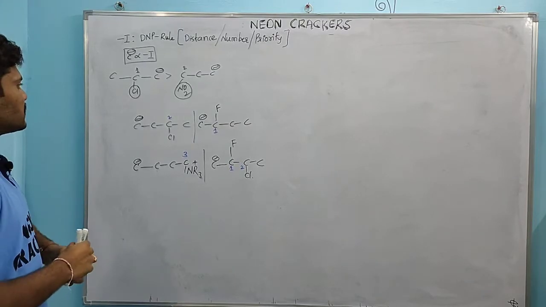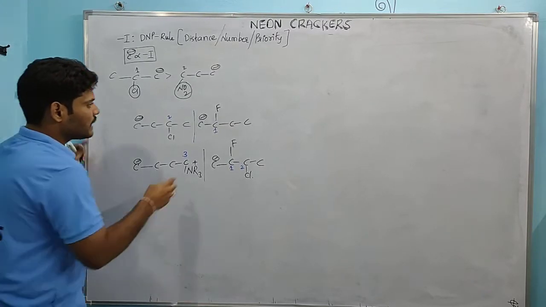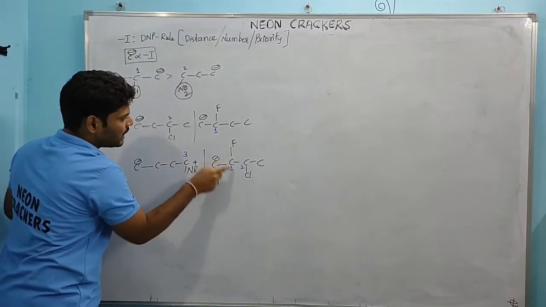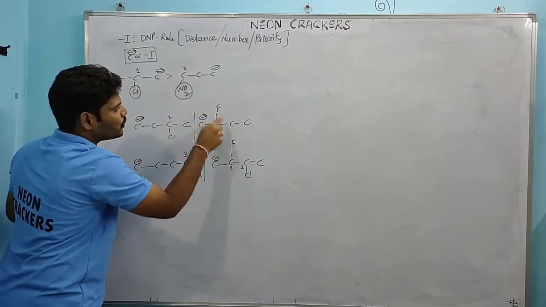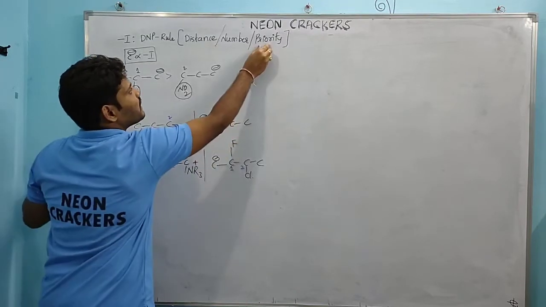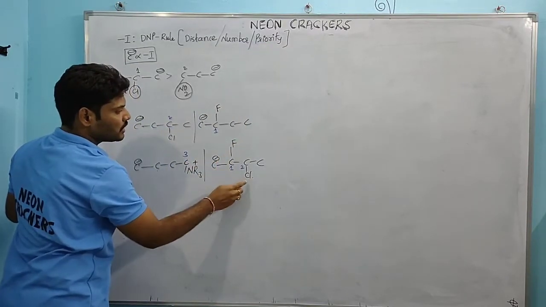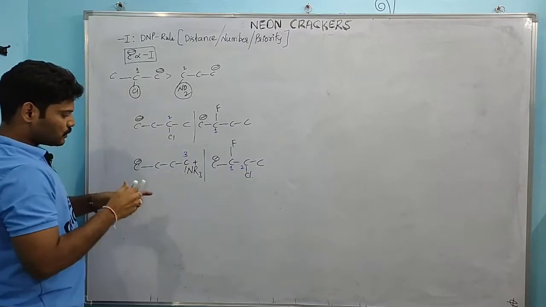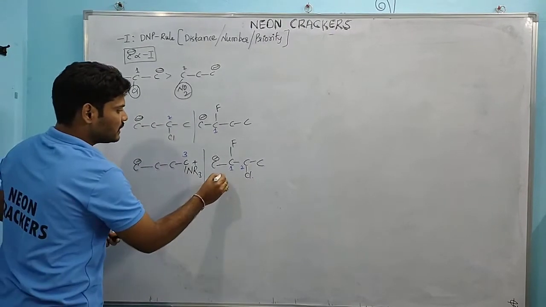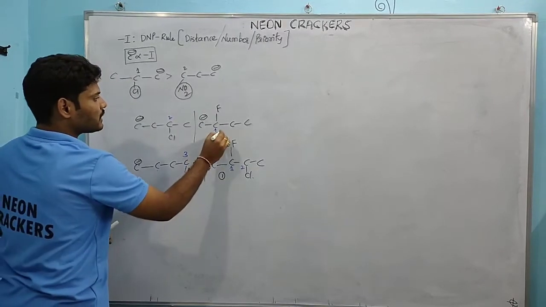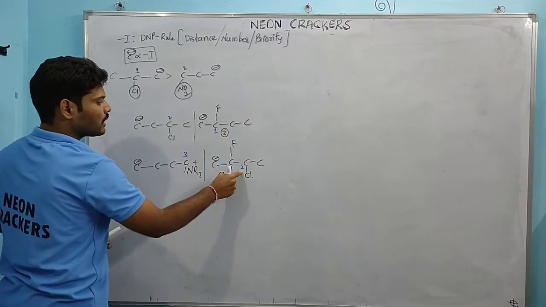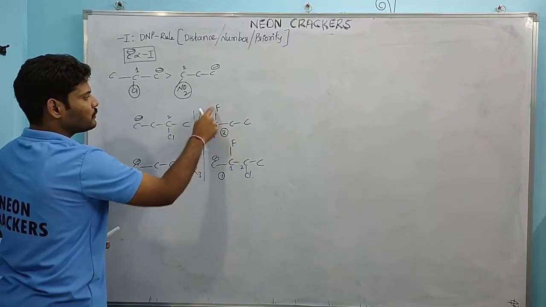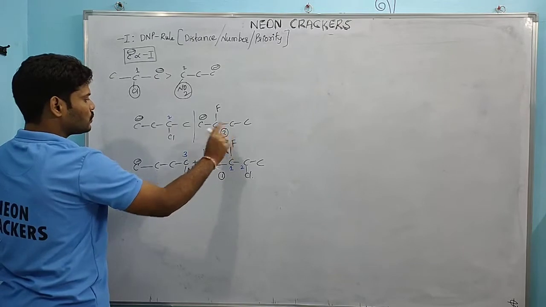Now which is more stabilized? The first distance parameter is over. Fluoro is the same type of priority. Then in this molecule an extra Cl atom is present, that's why it is more stabilized. Second factor, priority: here 1 and 2 have the same priority atom on the first carbon, a fluoro atom, so 1 and 2 is over.